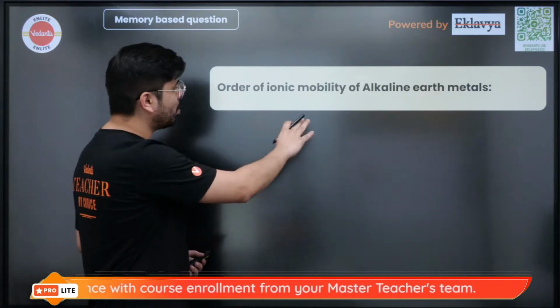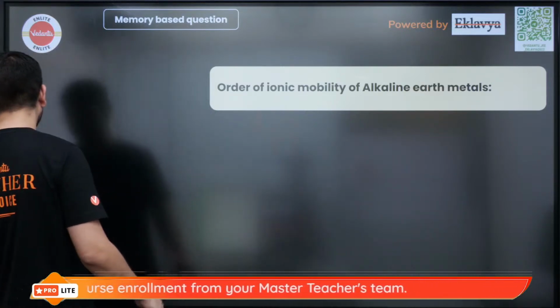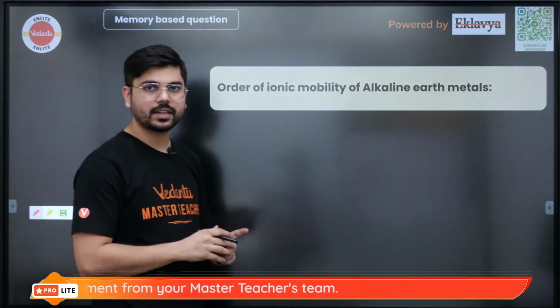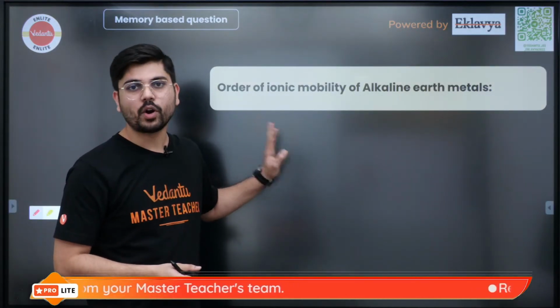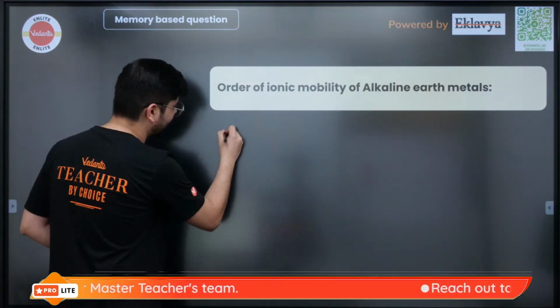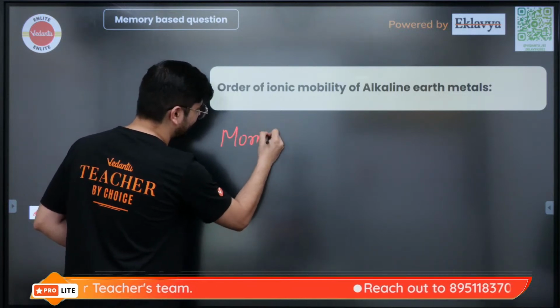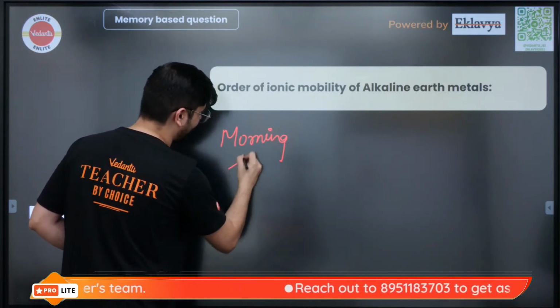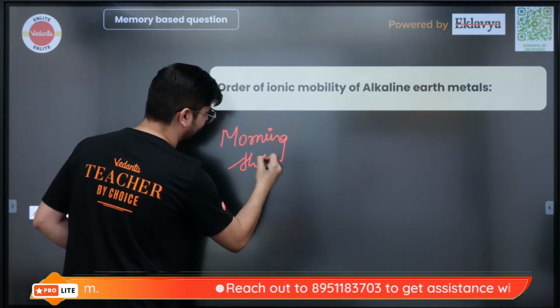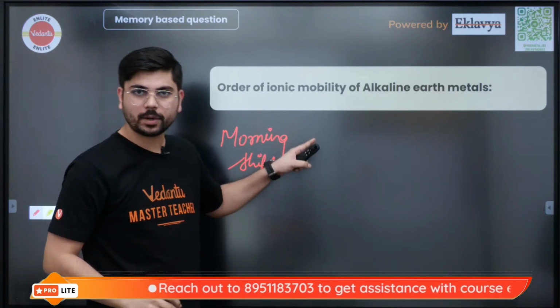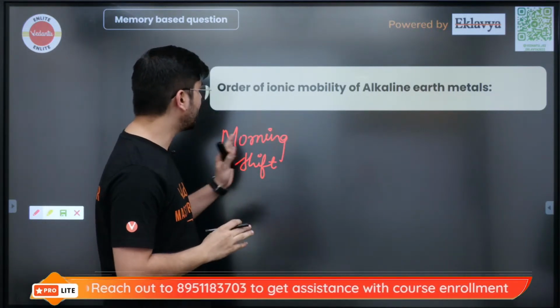Order of the ionic mobility of alkaline earth metals. Again, this question appeared in the morning shift. I am not so sure about the options, but what do we know?